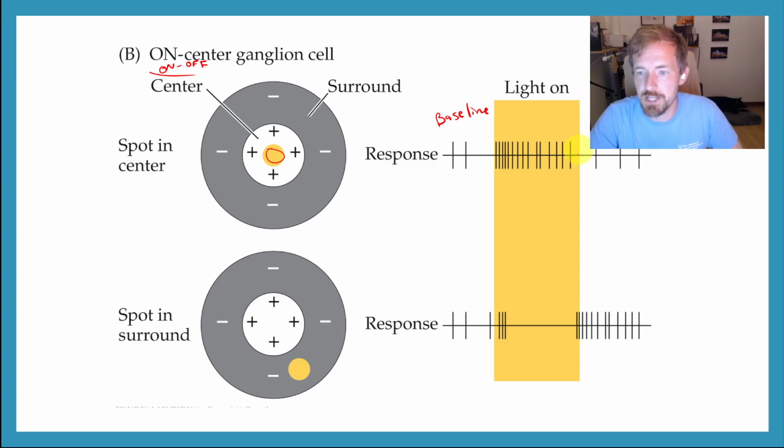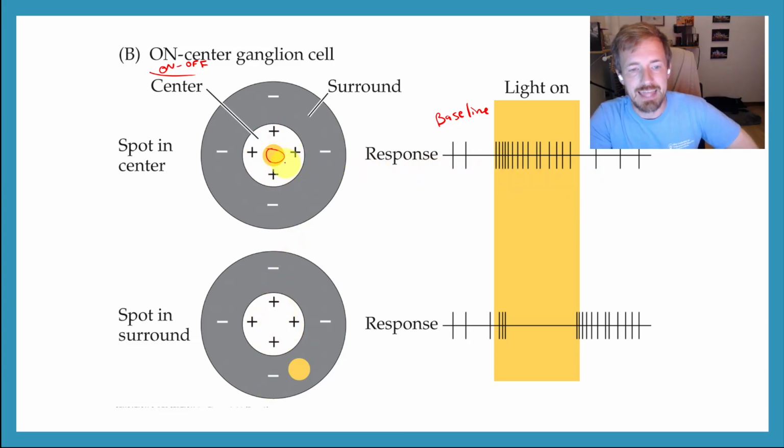Then you turn the light off, and it goes back to normal. So basically what the cell is saying is, wait a second, there's a lot of light happening in the center part of my field.